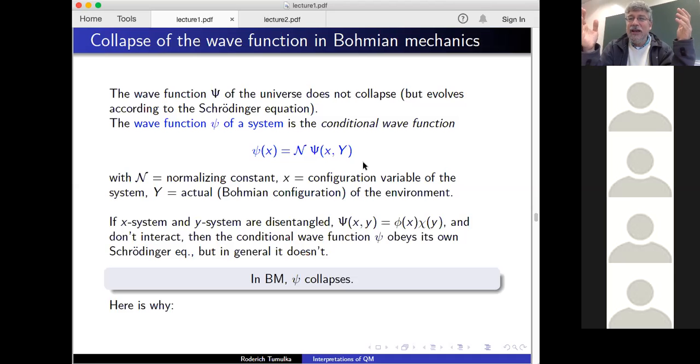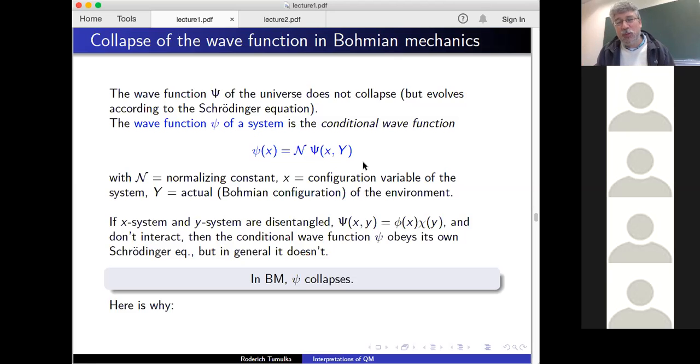Whereas the capital X or capital Y is the actual configuration. So in Bohmian mechanics, remember, you have a function on configuration space and you have a point in configuration space. So the point, that's the capital X and capital Y. These are the components of the point.